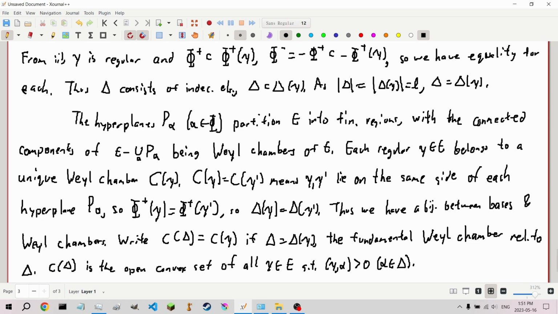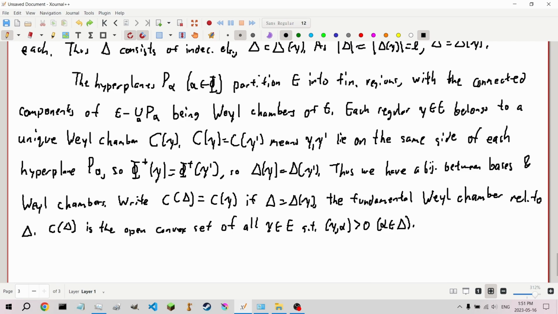Now, the Weyl group has a diagram of the Weyl chambers. For example, if this is your root system, they're just going to be like this, and one of these is going to be the fundamental Weyl chamber of your basis, depending on what you choose.